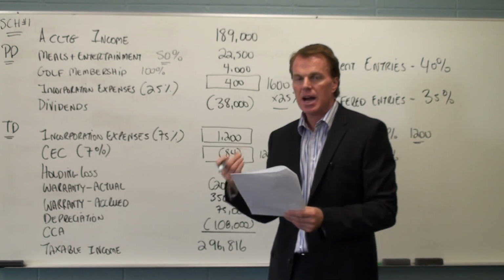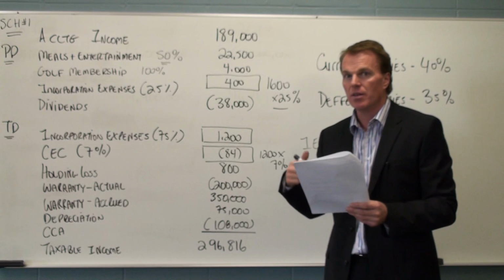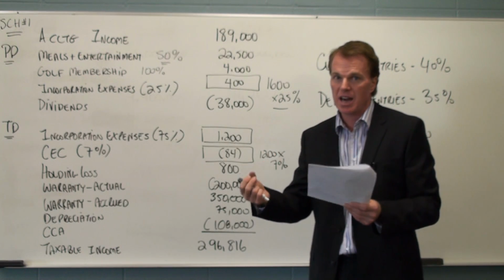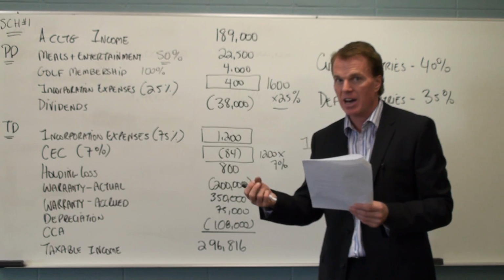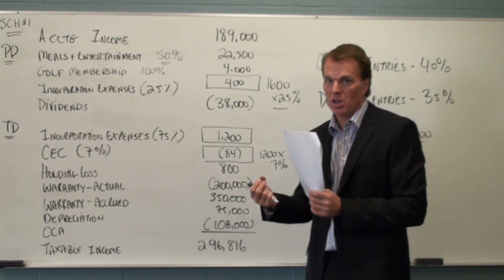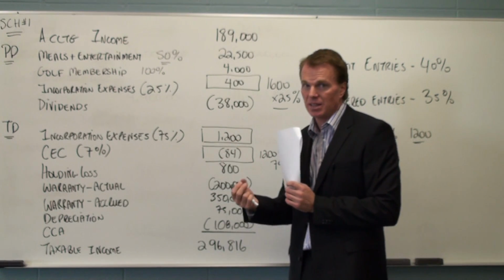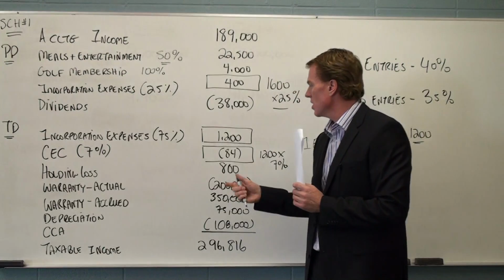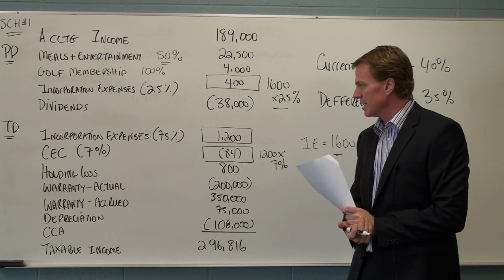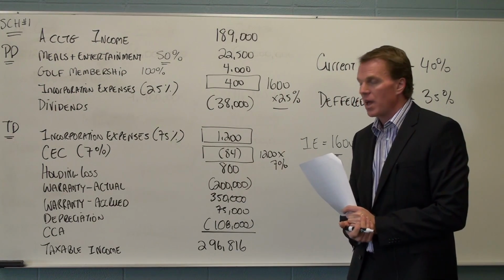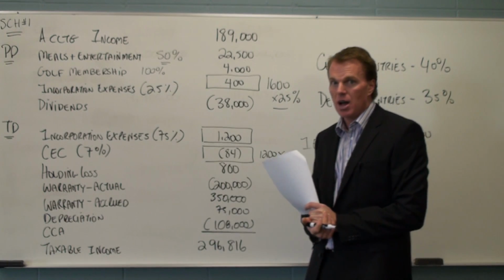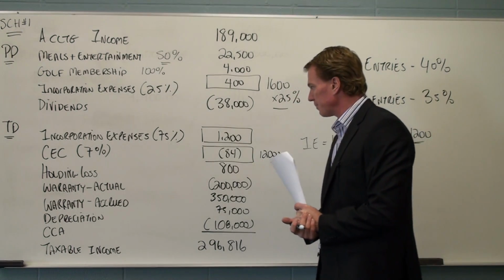So again, taxes are based a lot of times on did we actually receive the cash or did we actually pay the cash? Did we actually incur the loss or incur the gain by selling the assets? In this case, we haven't sold the assets, so therefore we have to add back the loss. We're not allowed to claim that.